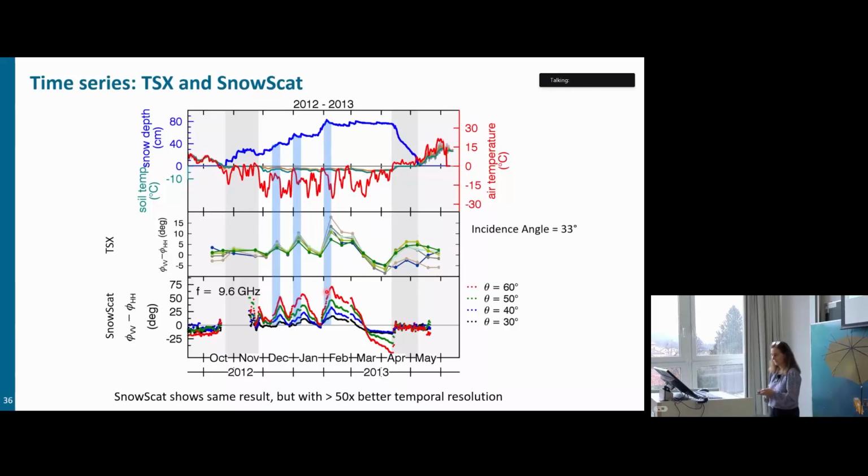So that's quite interesting. When snow is falling, we have a strong change in phase differences, which means it is sensitive to something that is changing in the snow.